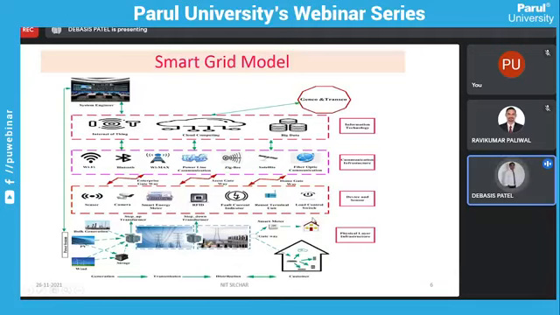Once you sense all this information through your sensor devices, the next step is to process the information or transfer it somewhere, to exchange the information. That can happen through the Internet of Things. Nowadays, in emerging smart grid technology research, we are using a topic called the Internet of Things.